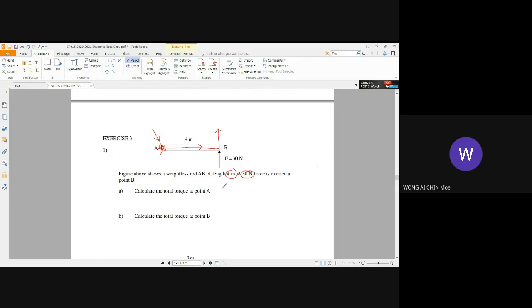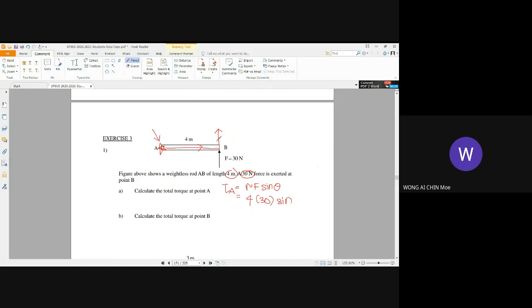So the first one, torque at point A is RF sine theta, where your R from the reference point A is 4 meter. Force acting on this rod is 30 Newton.